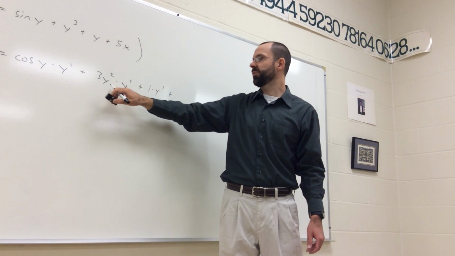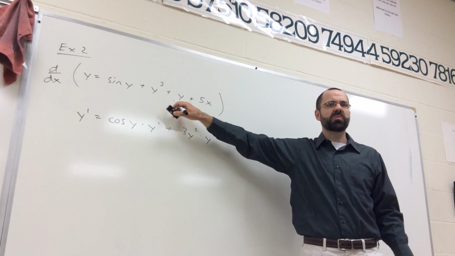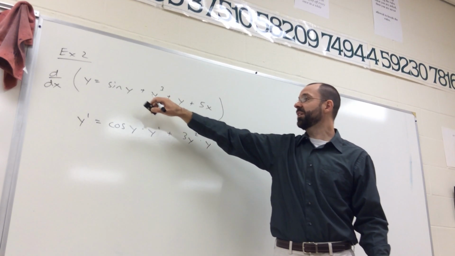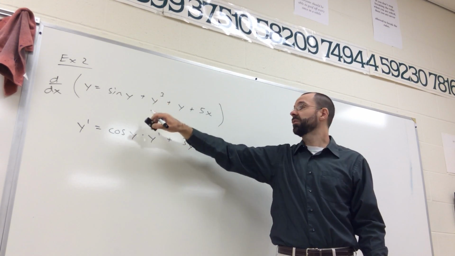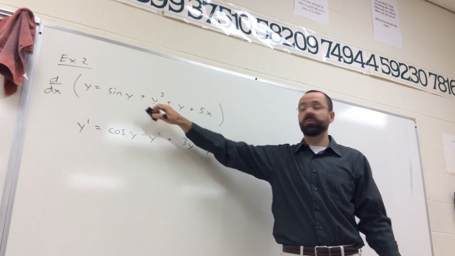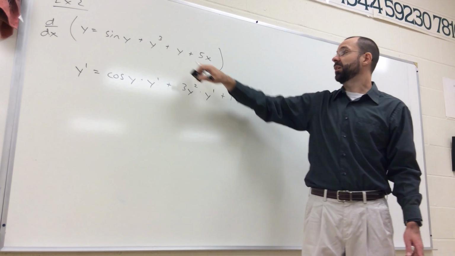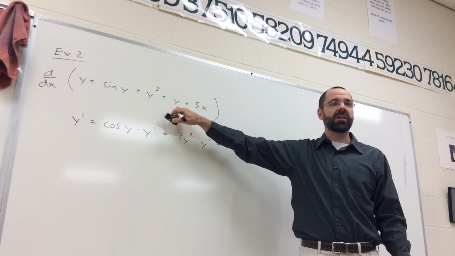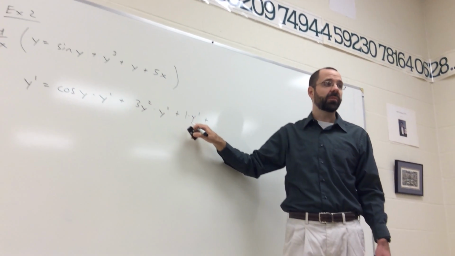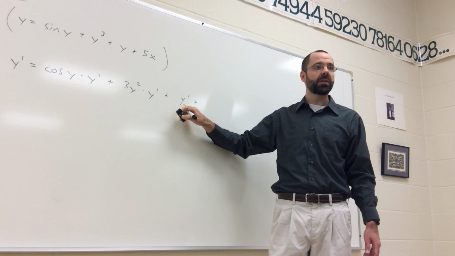Now right here, the difference between this one and this one usually throws people off. So the regular derivative of x cubed is 3x squared. So the regular derivative of y cubed is going to be 3y squared, and then times the y prime. If this was an x, the derivative would be 1. So since it's a y, the derivative is 1 times y prime. And after a while, maybe you won't even write that 1.